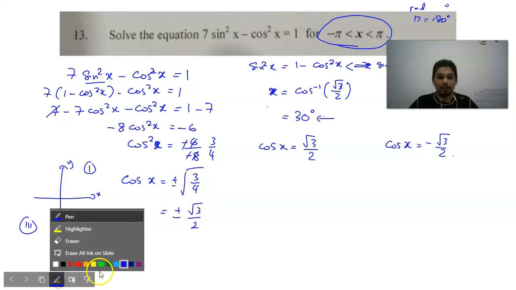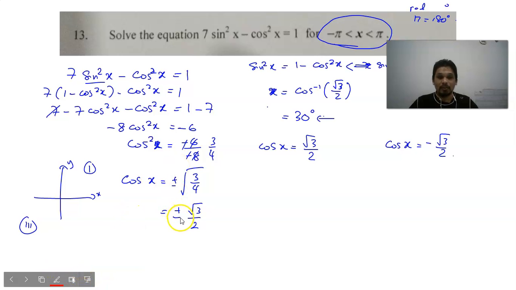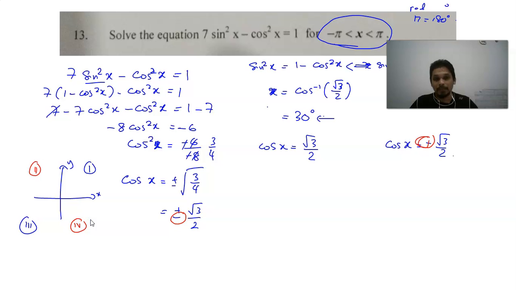And cos negative lies in the second quadrant and fourth quadrant.